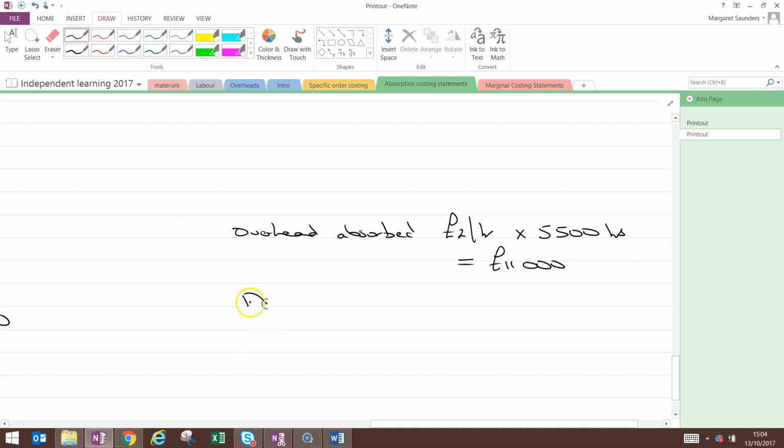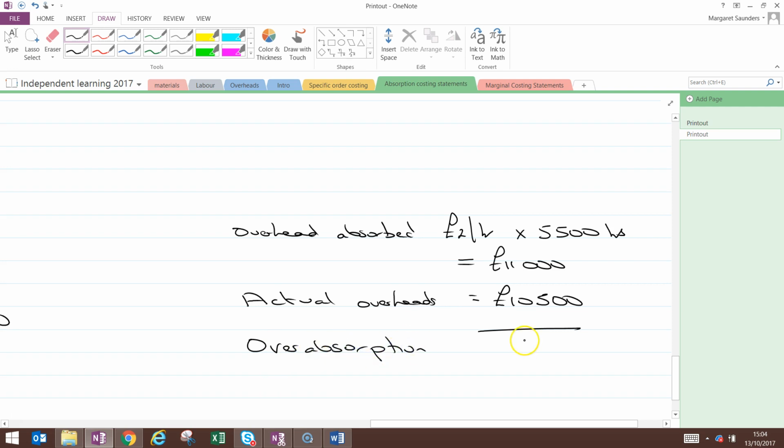We were told the actual overheads were £10,500. So we have an over absorption of £500.